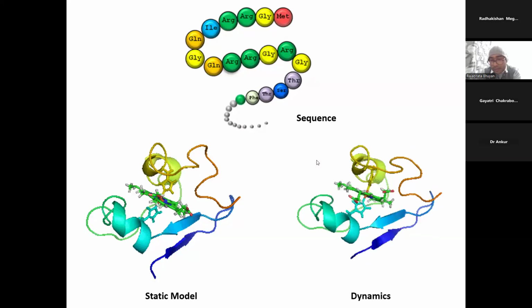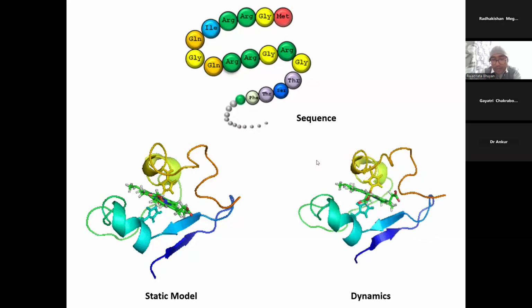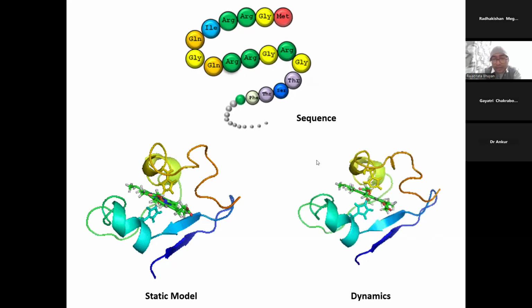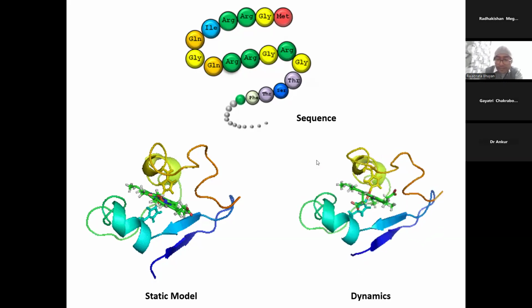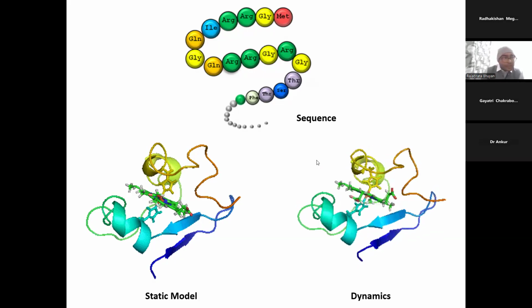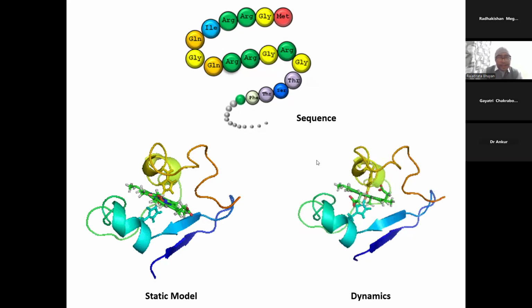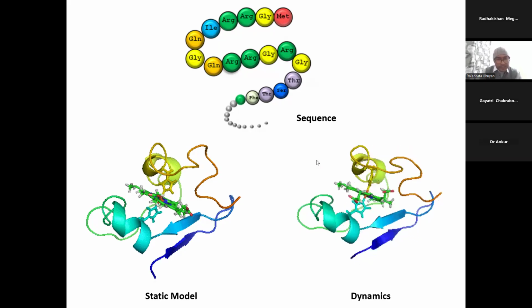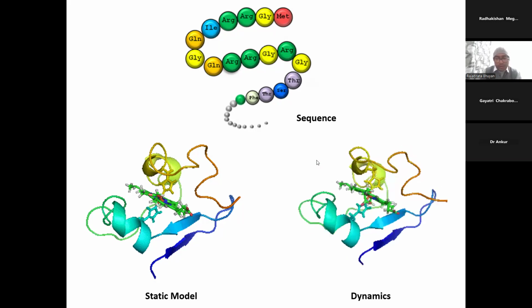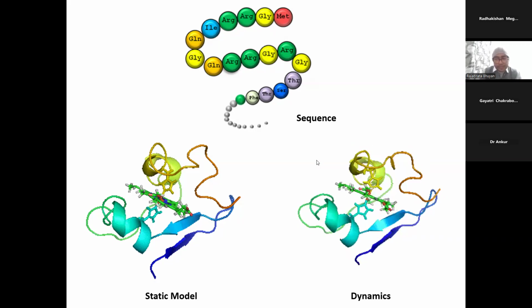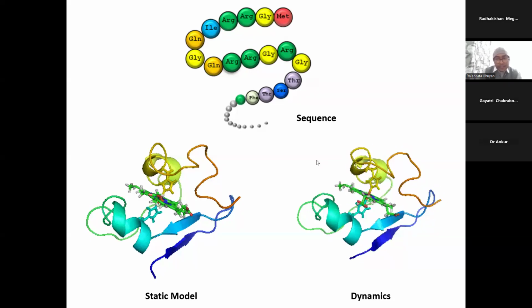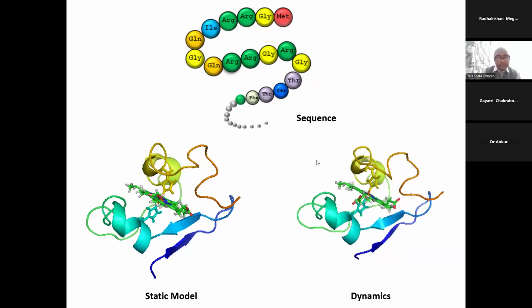You can see the protein is bound with some ligand, and you can study the behavior of these interactions in reference to time. This is called dynamics. So basically, computer simulation means generating an artificial or simulated environment using the computer, where we can study the behavior of biological macromolecules. That is called MD simulations of macromolecules.